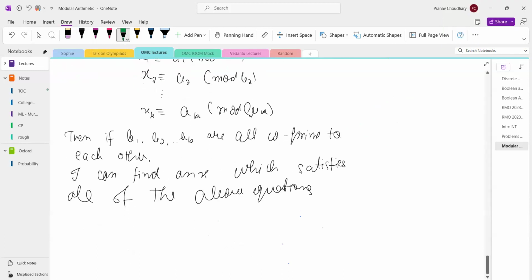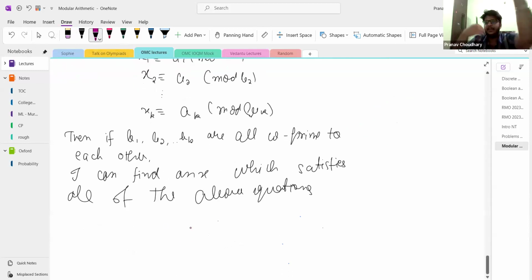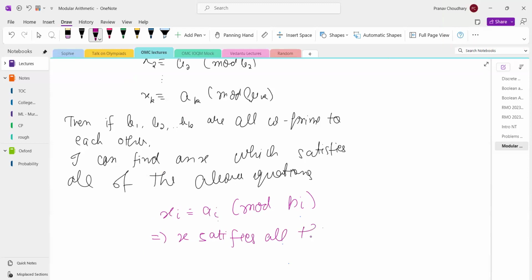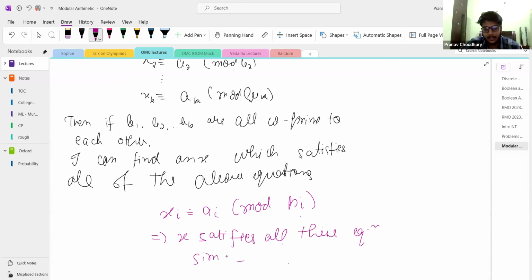Another way to see it: we did stuff for primes earlier, right? Suppose I take all my b's as prime. Let's say x congruent to ai mod pi, where pi is a prime. Now, using Chinese Remainder Theorem, you can combine these equations and say there exists some x which satisfies all these equations simultaneously.